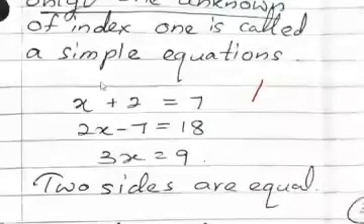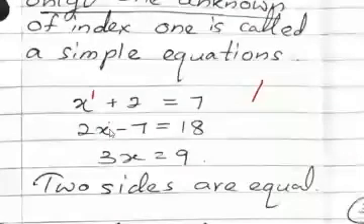Here, when I take this value, its index equals 1. Here also 2x, here x is the unknown term. Index equals 1. Here index equals 1. Then there is only one unknown term and its index should be equal to 1.